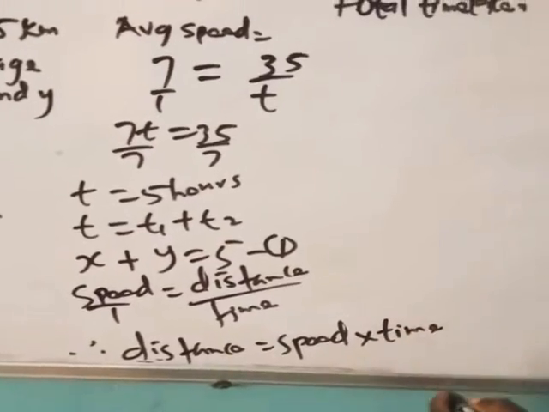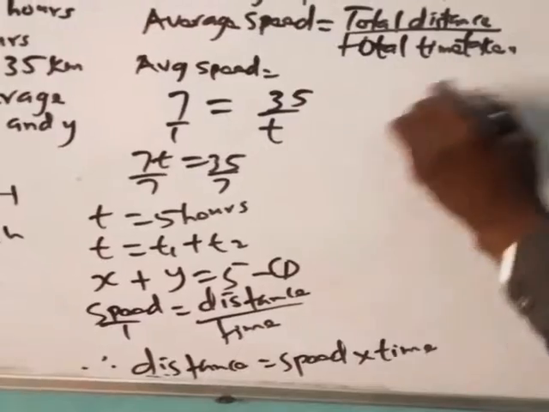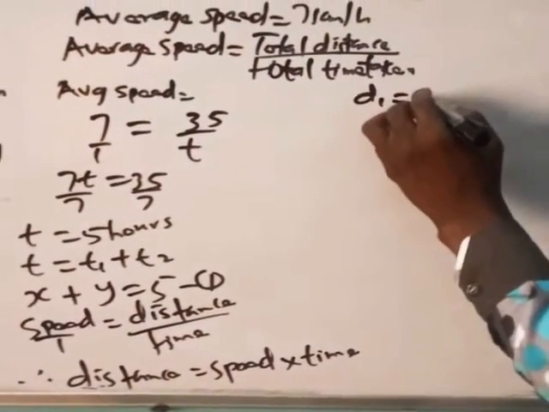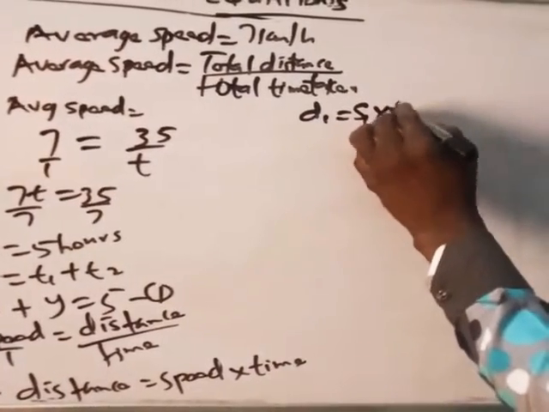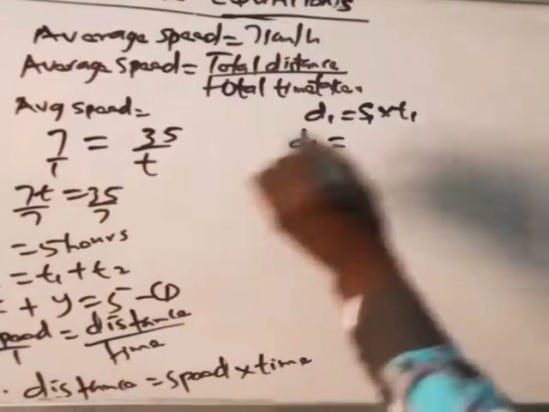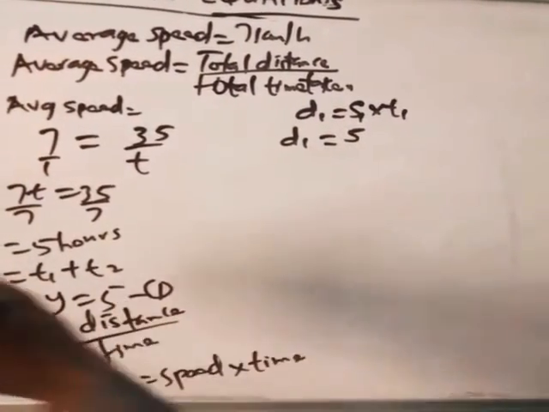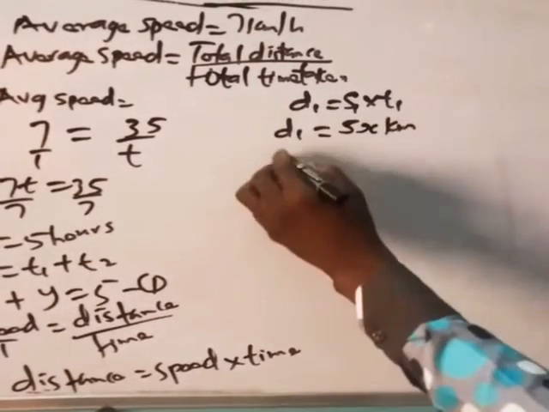I hope you are getting it. Now, the distance d1 is equal to speed times time, s1 times t1. So d1 is equal to s1 is 5 and t1 is x. So d1 will be 5x kilometers.